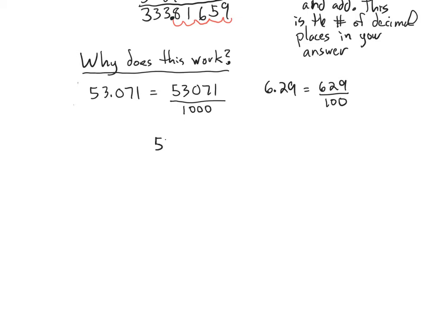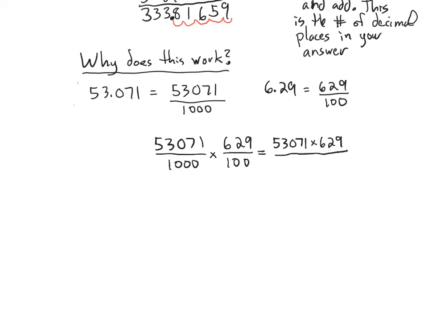So 53,071 over 1,000 times 629 over 100. Well, I'm going to multiply my numerators first, so that is 53,071 times 629 over, now I'm going to multiply my denominators, 1,000, or maybe I'll even write it like this.